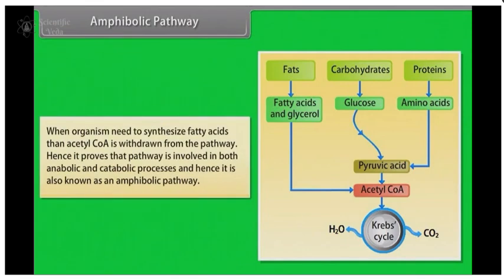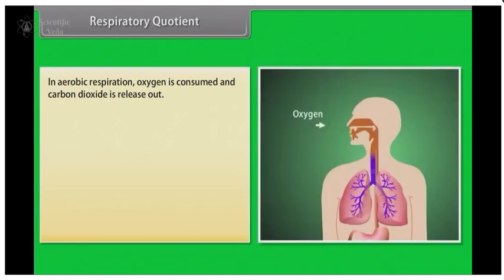When the organism needs to synthesize fatty acids, acetyl CoA is withdrawn from the pathway. Hence, it proves that the pathway is involved in both anabolic and catabolic processes, and hence it is also known as an amphibolic pathway. Respiratory quotient. In aerobic respiration, oxygen is consumed and carbon dioxide is released.